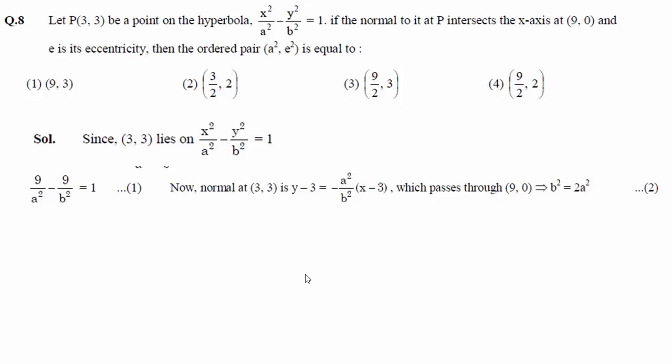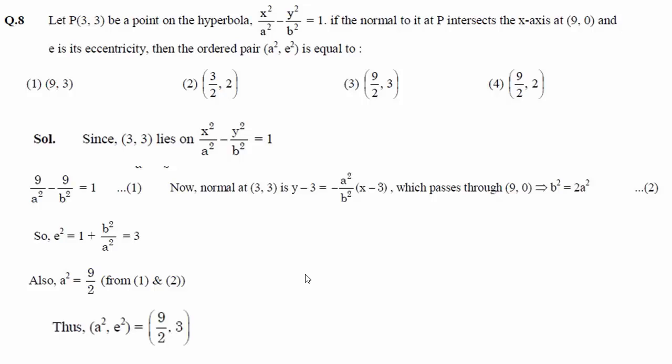This implies that b squared equals 2a squared. So e squared equals 1 plus b squared by a squared, which is nothing but 3. Also, a squared equals 9 by 2. Thus, (a squared, e squared) equals (9/2, 3) ordered pair. Thus, the correct option is 3.